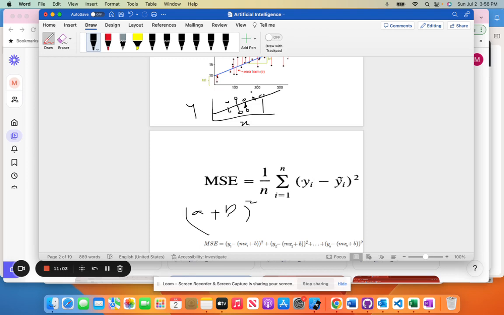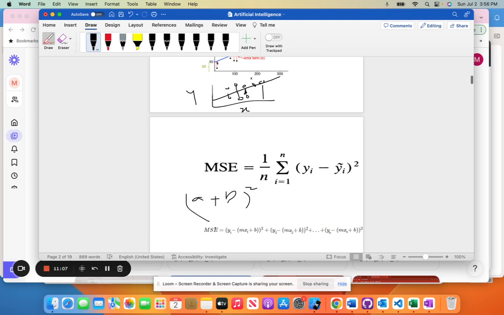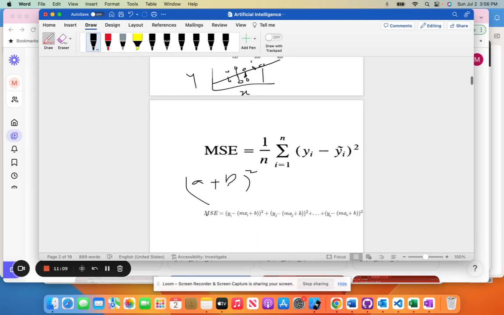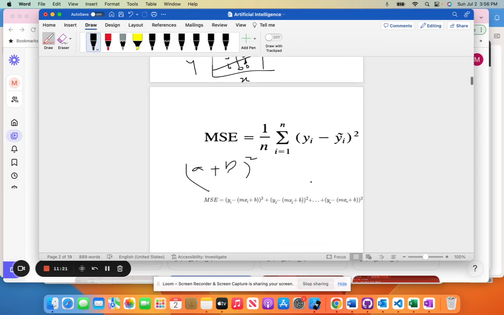It works the same way. When we simplify the formula for mean square error, it comes like this: (y1 minus (mx1 plus b)) squared plus (y2 minus ...) squared, and all that. So it works in this way.